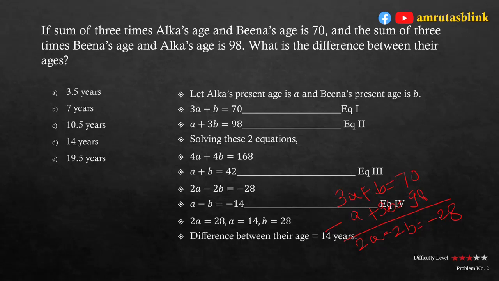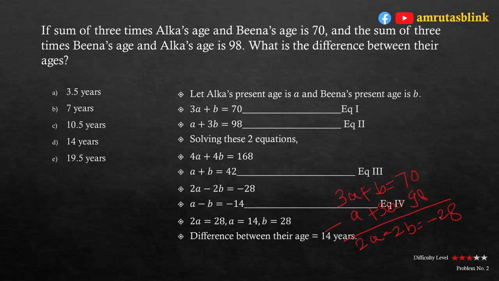Do understand this fact that if A would have been greater than B, then you must have got the difference as plus 14, but here B is greater than A and hence A minus B is just minus 14. But still the difference between the ages of Alka and Bina remains the same irrespective of the sign, that is minus 14.